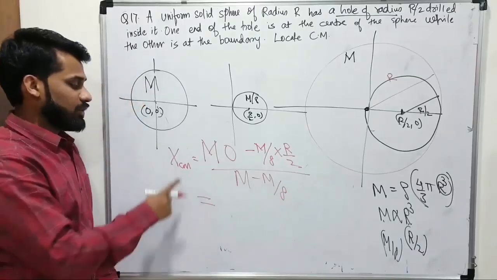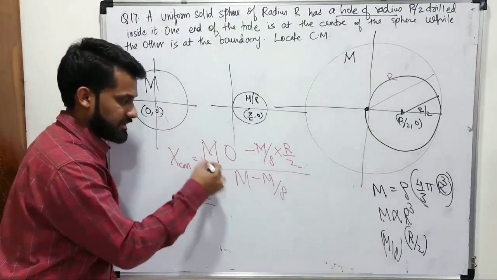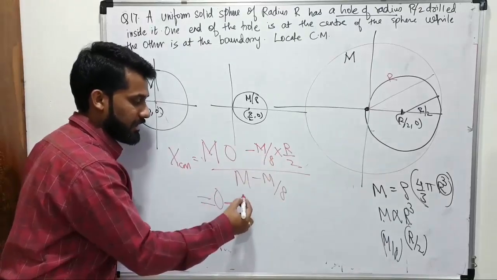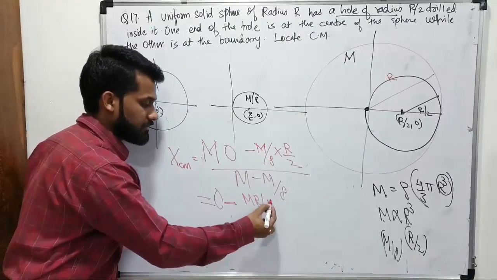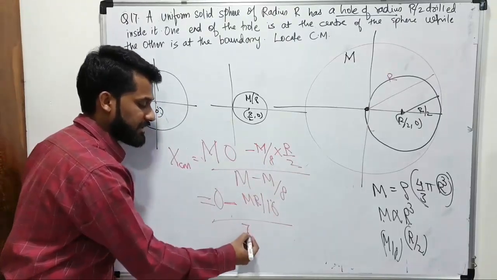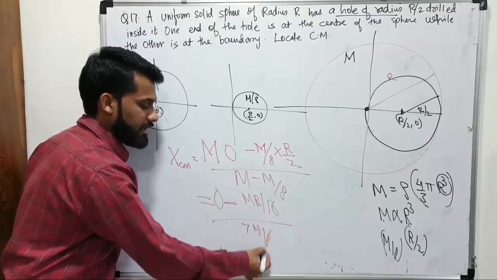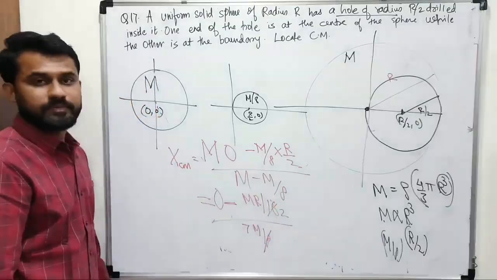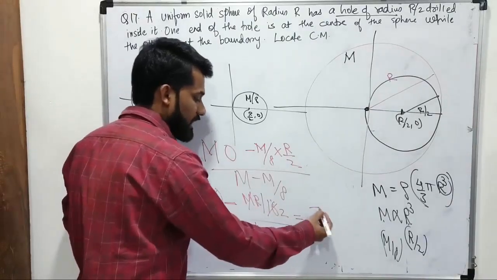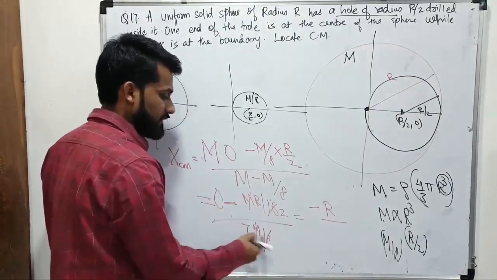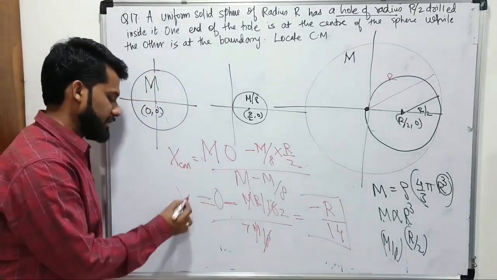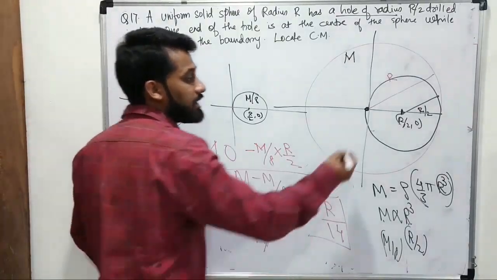See, this is 0, so 0 minus, this will become mr by 16, right? Divided by m minus m by 8, which is 7m by 8. The m's will cancel, giving minus r by 2 into 8 by 7 over 8, which is minus r by 14. So the x coordinate of the center of mass will be minus r by 14.